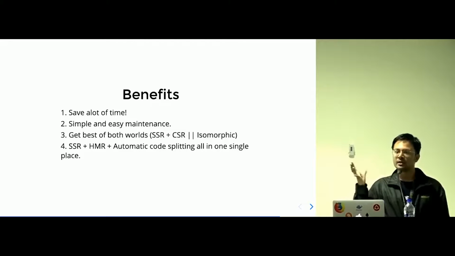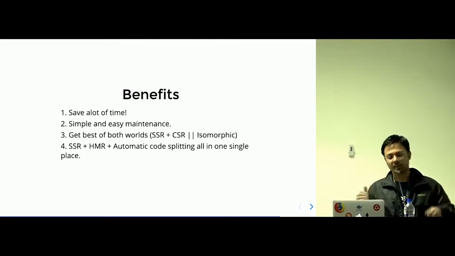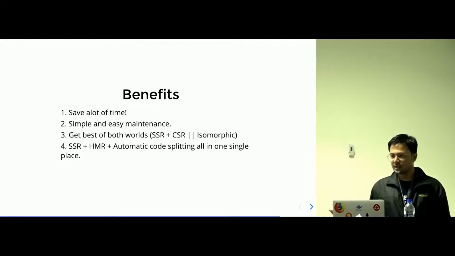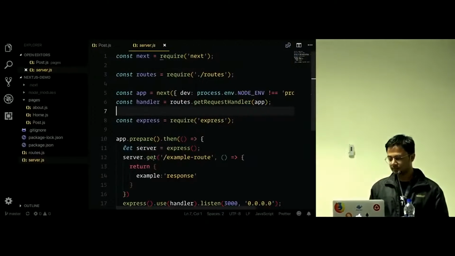If you add all the configurations yourself in the first place, it becomes more like chaos. It will be easy to maintain if you switch to Next.js, and you get the best of both worlds: CSR and SSR, the basic isomorphic app you're building, and all the configuration in place. So let's see a short demo.